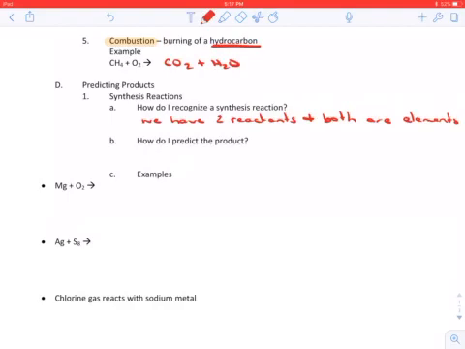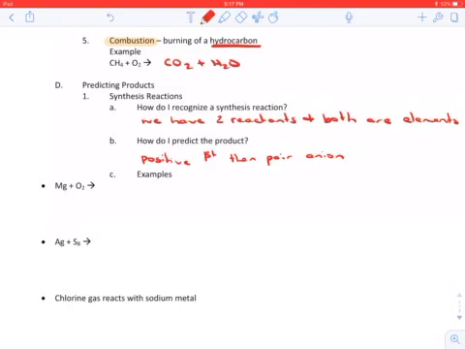Now, how do we predict the products? It's very simple. We put the positive element, or the cation, first, and then pair it with the anion. We'll have to check charges and do crisscross and reduce if necessary.